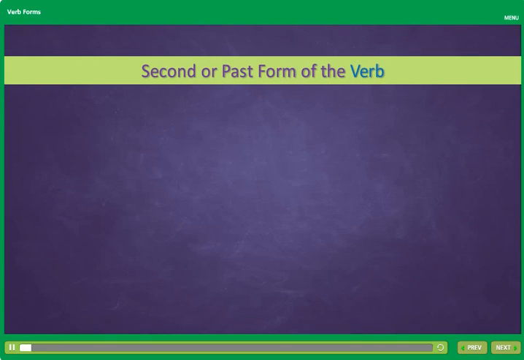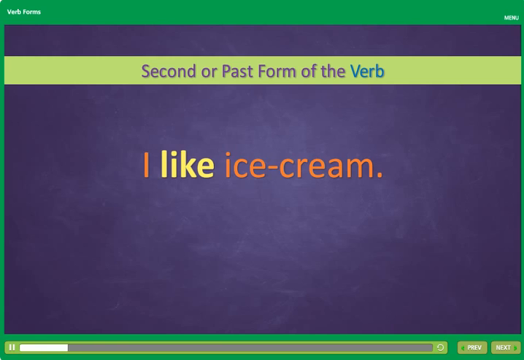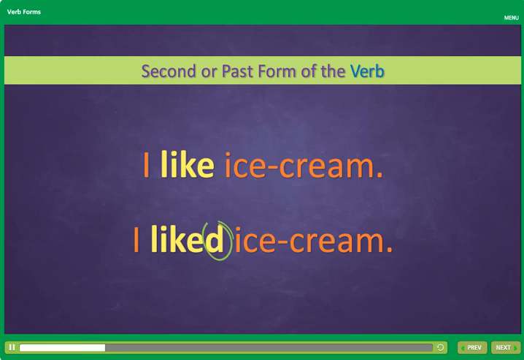The forms of the verbs are changed when we are talking about different times. In the second sentence, T is added to the base form of the verb. This form of the verb is known as second form of the verb. Another name of this form is past form of the verb.